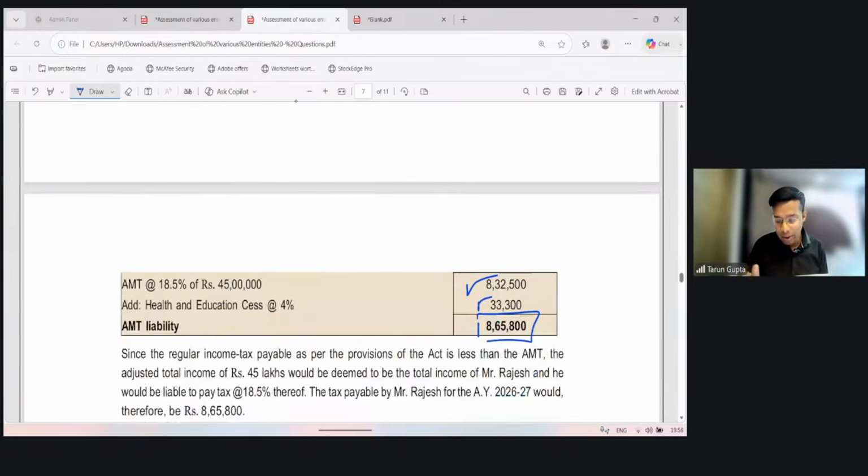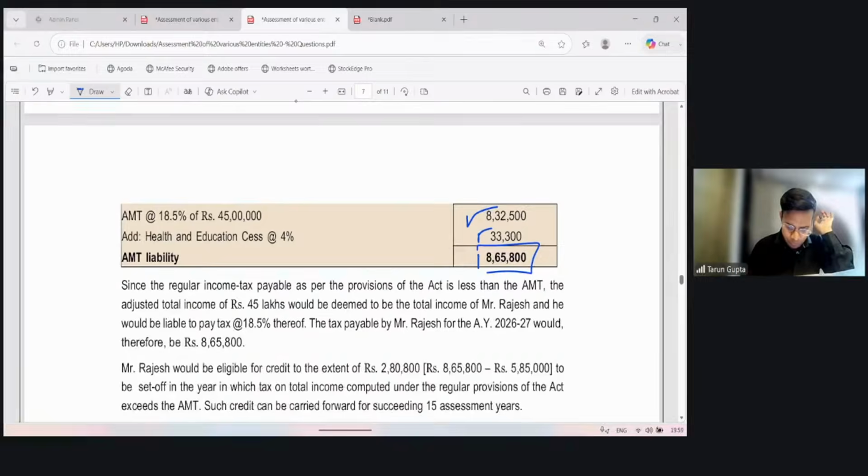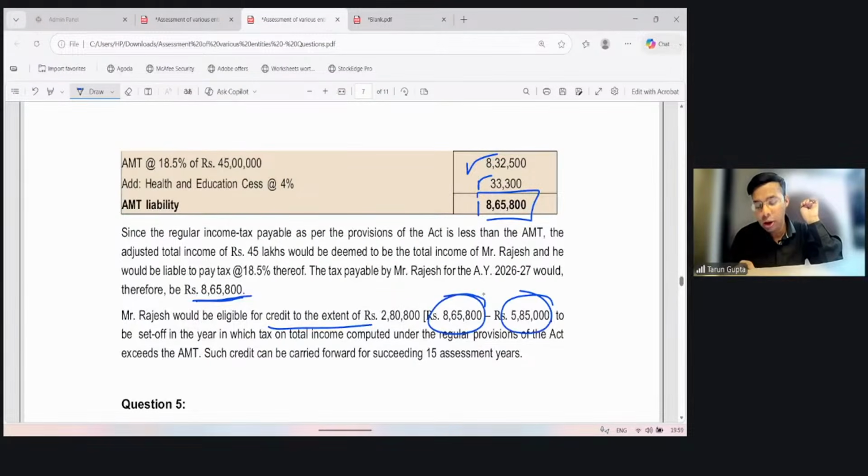So I'll pay the AMT, but I will be allowed AMT credit of the difference between this and the tax under normal provision, which I can carry forward for 15 years and set off against my normal tax liability to the extent of AMT. So I pay 8,65,800, but I'll be eligible for a credit of 2,80,800, being the difference between the AMT and the tax under the normal provisions.